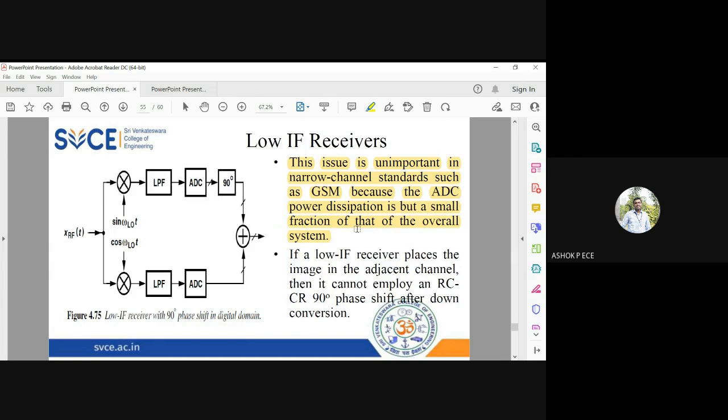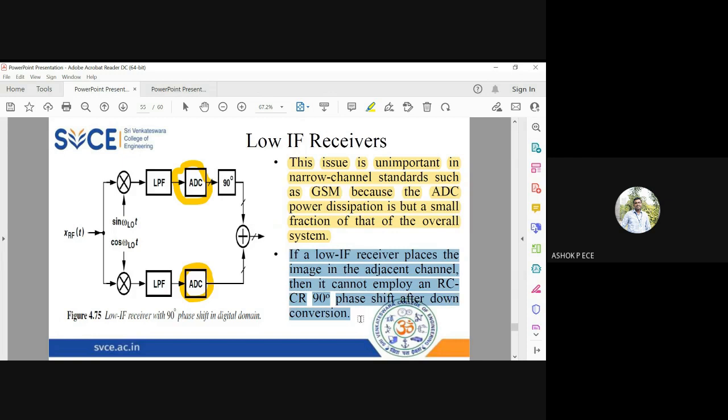I am okay with the minimal amount of power spent by your ADC units, which are present on both sides of your architecture. And if you compare this with your Hartley, this is the exact form of the Hartley architecture. Only thing, before the phase shifter, I'll be having an ADC. Previously, we did not have an ADC. We were adding everything in the analog domain. But here, I'm going to convert that to the digital domain, and then I'm going to add.